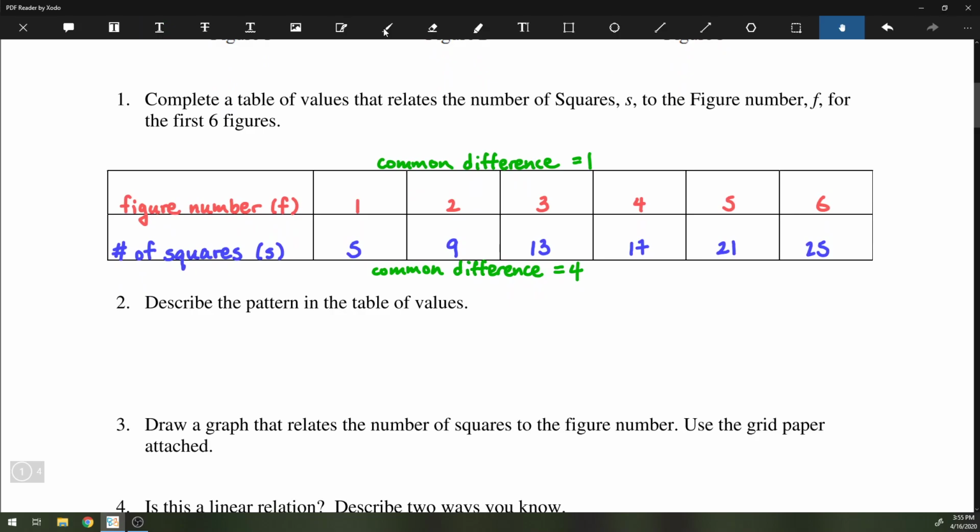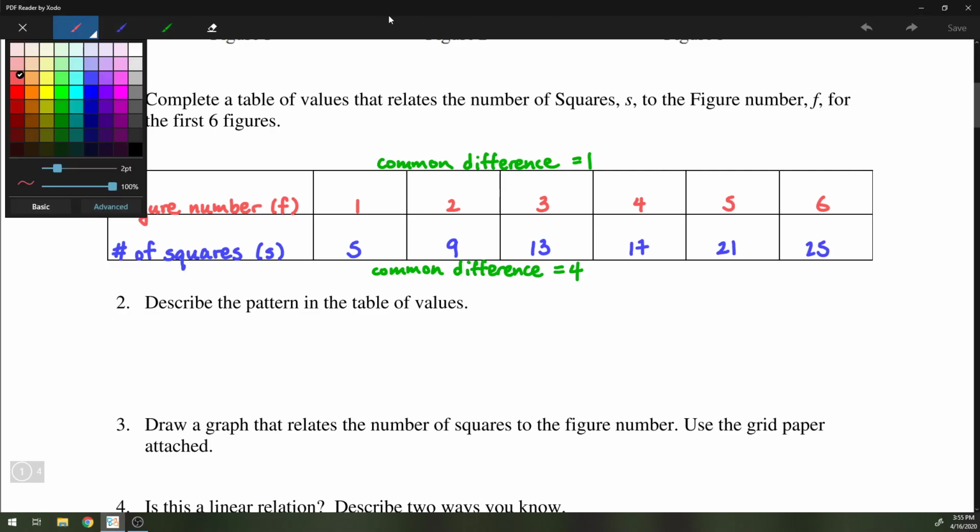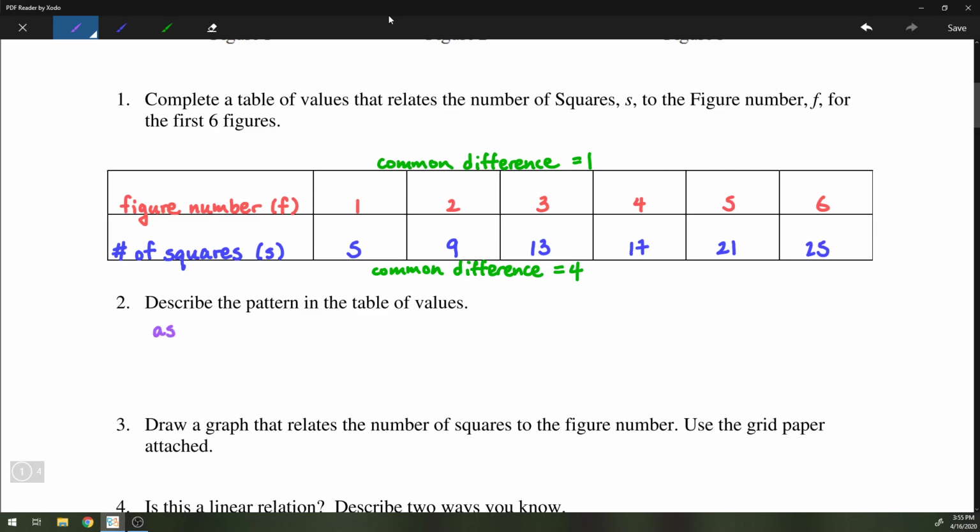We're going to describe the pattern in the table of values, so just using words. As the figure number, or as f, increases by 1, starting at 1, the number of squares s increases by 4.